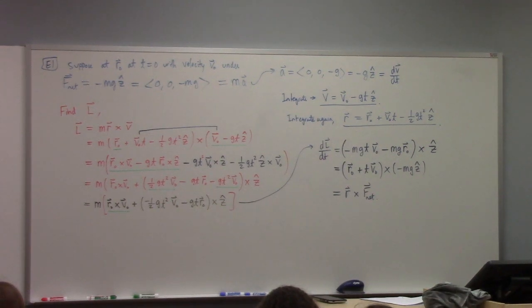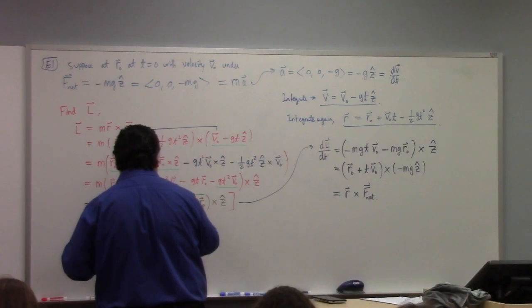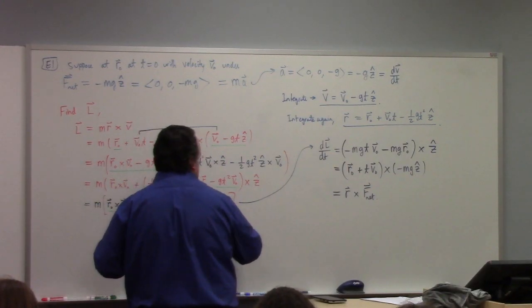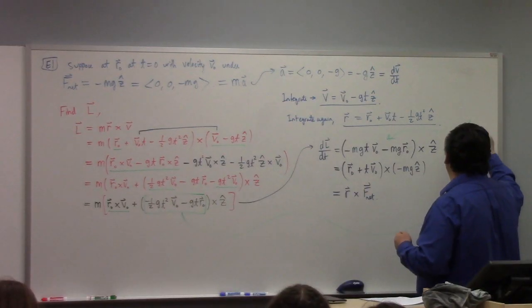So where did the negative 1/2 gt squared z hat go? Like if you were saying that r naught plus t v naught, where did this go? So what I did was I took this right here, and it is exactly this right here under ddt.